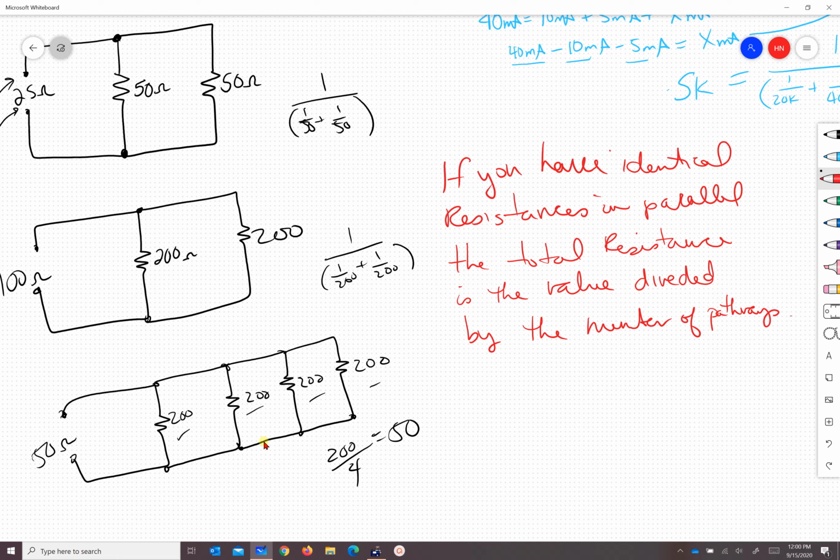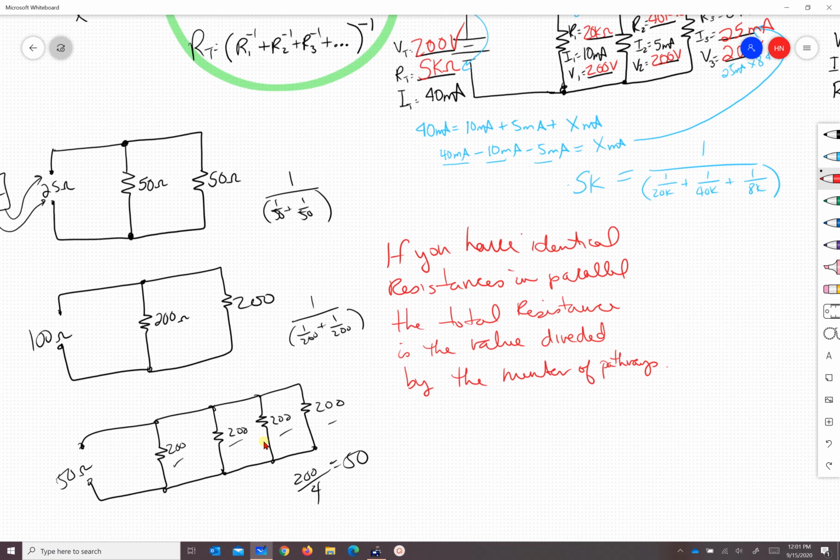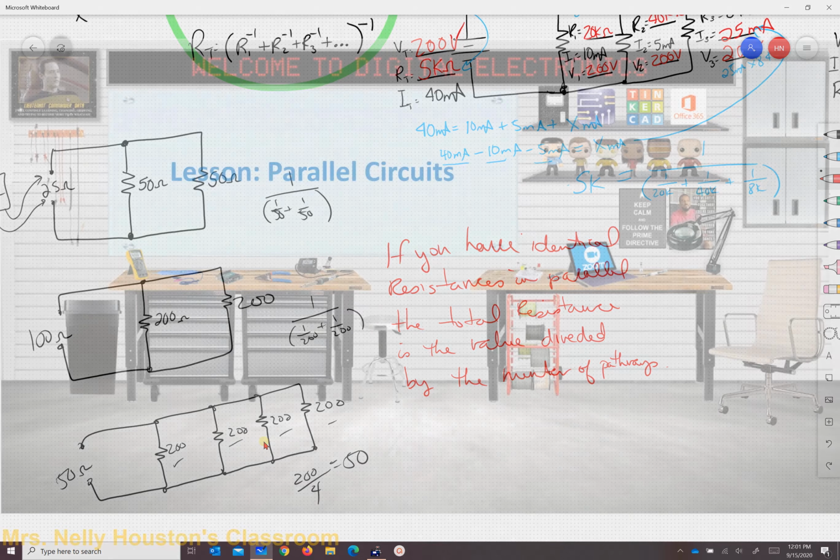If you have 10 resistances in parallel and each one is 100, it's going to be 100 divided by 10. If each resistance is 1,000 and you have 10 of them, it's going to be 1,000 divided by 10. If you have 3 resistances and each one is 100, it's going to be 100 divided by 3. Whichever way, it makes it pretty easy to solve. If you have identical resistances, that's a cool trick to know.